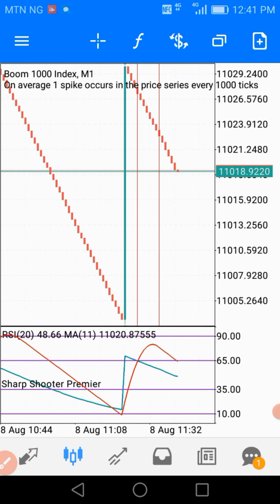When you stick to the conditions, you have between 18 to 23 entries on Boom alone. Around the same number for Crash 1000, and the same number you have for Boom 500 and Crash 500.